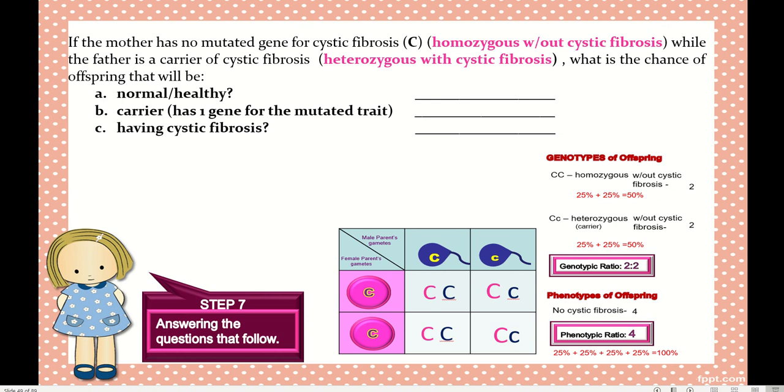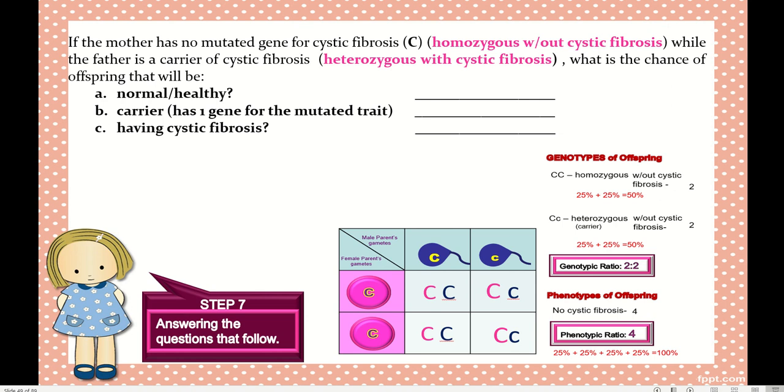Now, what is the chance for a carrier? So we're talking about here the genotype. A carrier is heterozygous. So the carrier is 50%. To interpret this, it means that if that couple will have either male or female offspring, that offspring has a 50% chance.